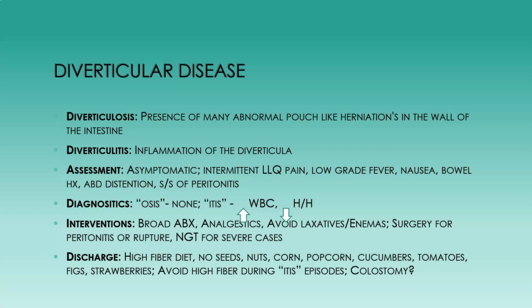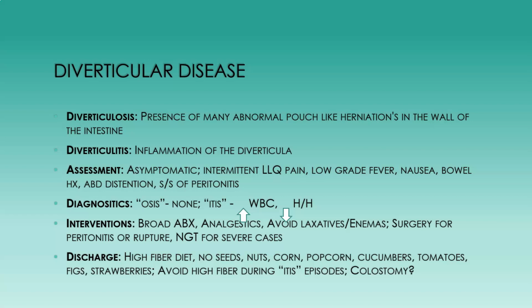So how do we care for these patients? Well, as nurses, we're going to make sure that we're monitoring for prolonged or increased fever, abdominal pain, or blood in the stools. Causes for hospitalization can include a temperature greater than 101, persistent or severe abdominal pain for greater than 3 days, and or a lower GI bleed.